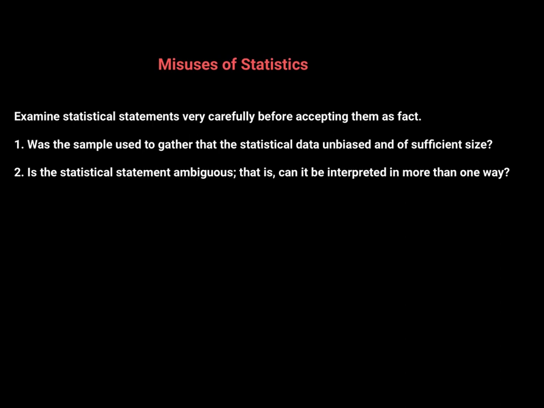Here are two questions that you can ask yourself. Number one, was the sample used to gather the statistical data unbiased and of sufficient size? Question two, is the statistical statement ambiguous, meaning, can it be interpreted in more than one way?